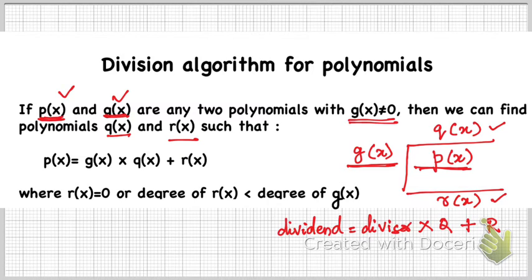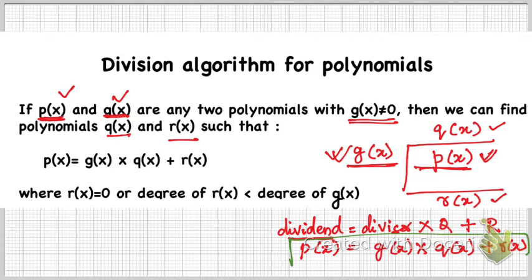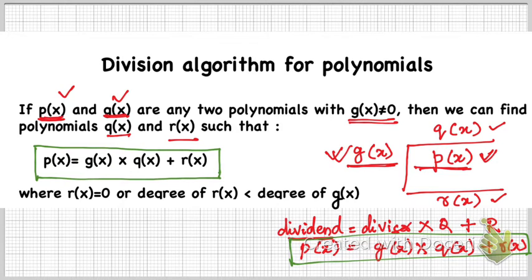So in this case, the dividend is p(x), which is equal to the divisor polynomial g(x) into the quotient polynomial q(x) plus the remainder r(x). From here we got this equation, and this is what the division algorithm for polynomials states.